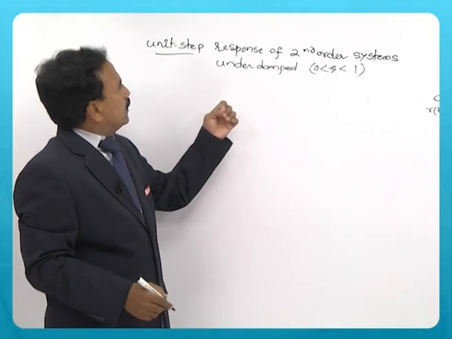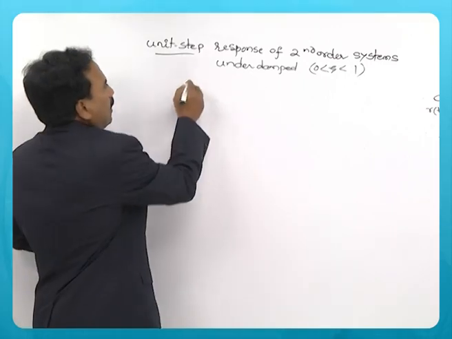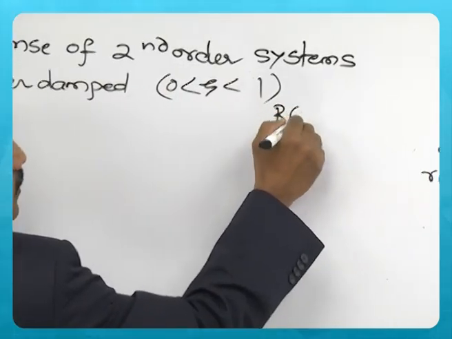With unit step input, R of s is equal to 1 by s.